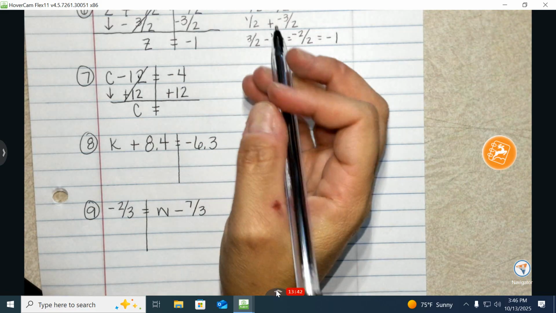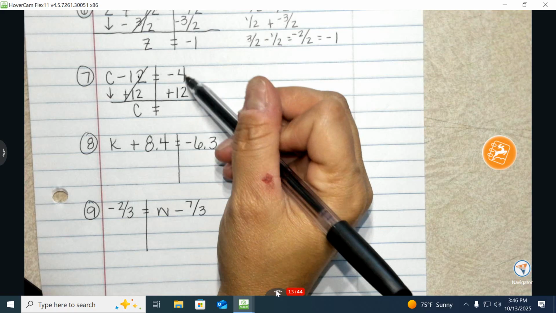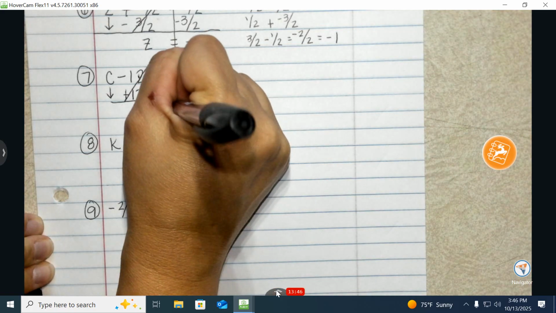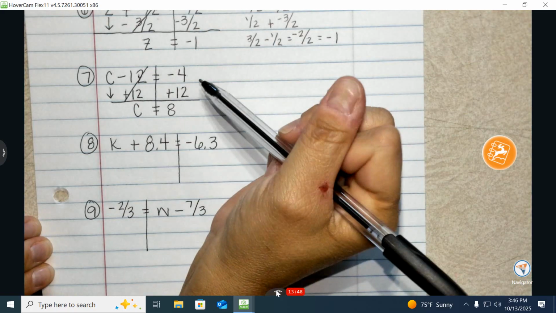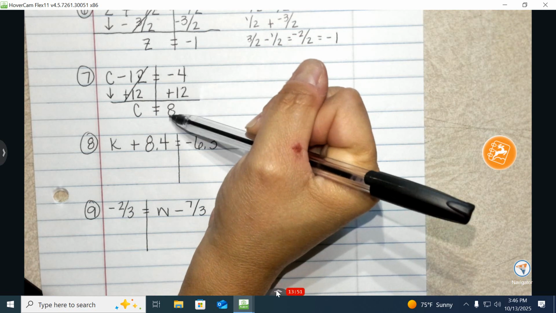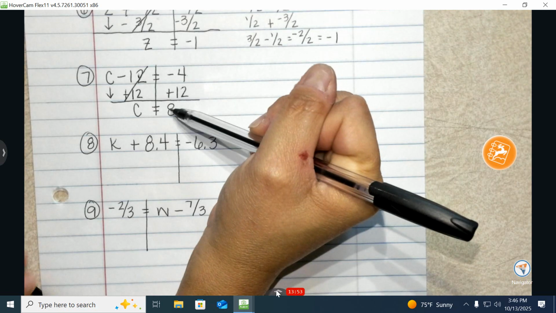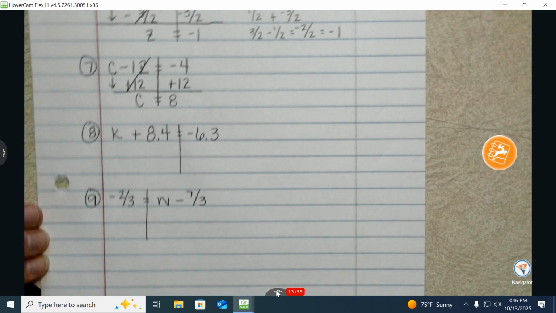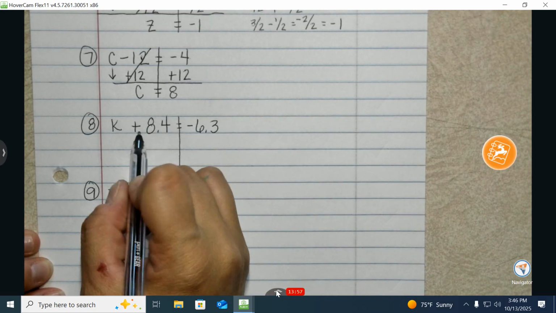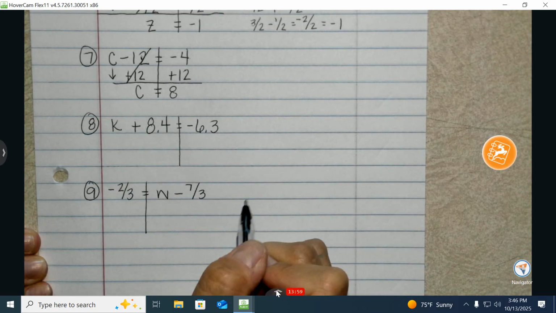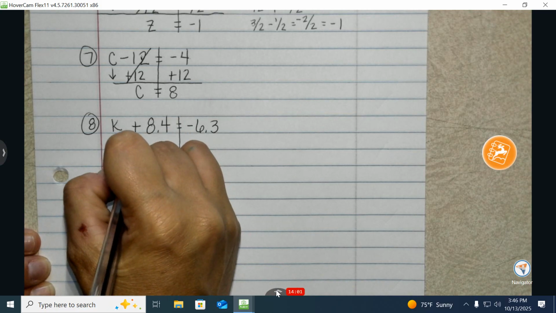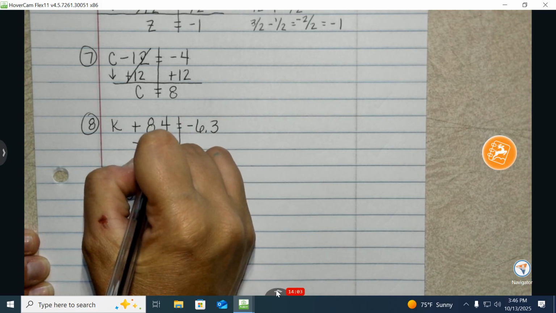They're not like signs. So you subtract. 12 minus 4 is 8. And then 12 has a larger absolute value, so it is positive 8. All right, number 8. You are adding 8.4, so you do the inverse, which is subtract 8.4.